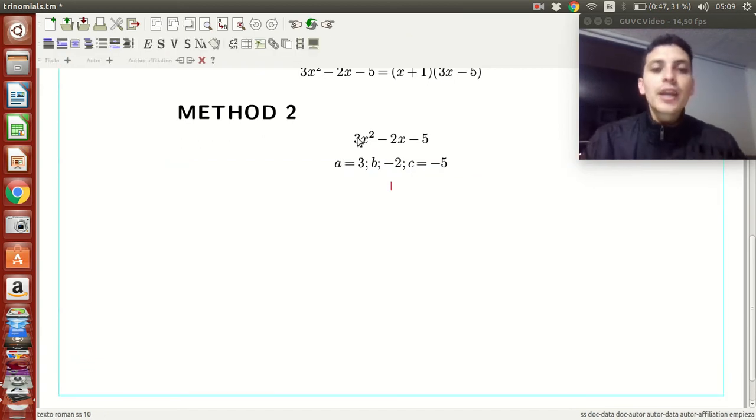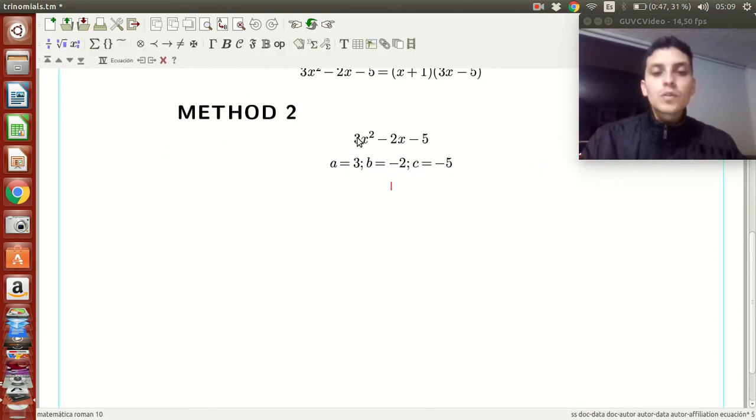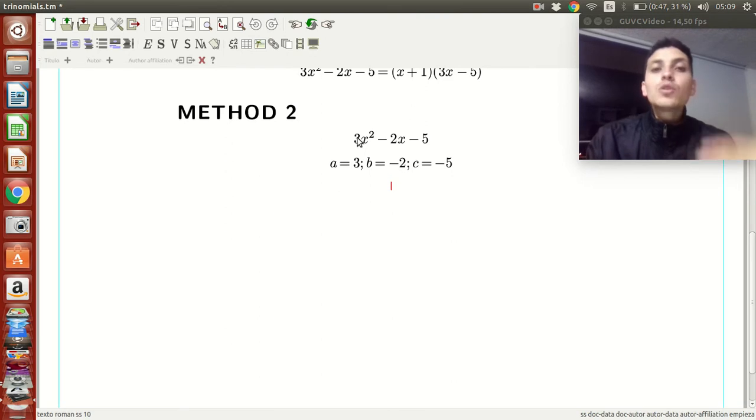Now, after you recognize a, b, and c, what we're going to do is multiply the whole polynomial by a, and divide the whole polynomial by a. I mean, we're multiplying by 1, since a divided by a is 1.